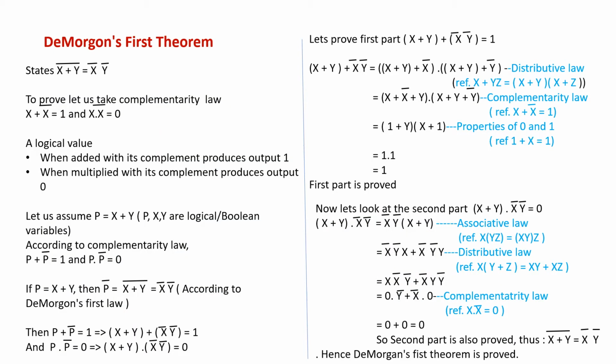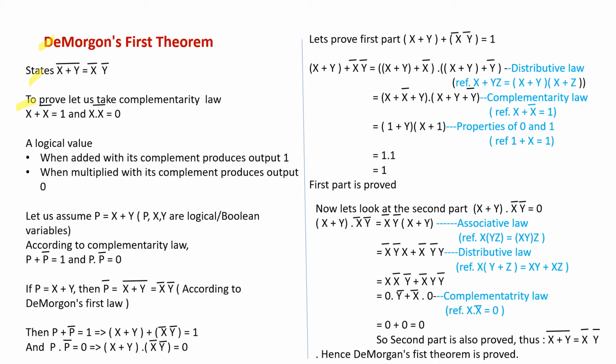And now let us look at De Morgan's first theorem. This theorem states that (x or y) complement is equal to x complement and y complement. To prove this, we are going to use the complementarity law.